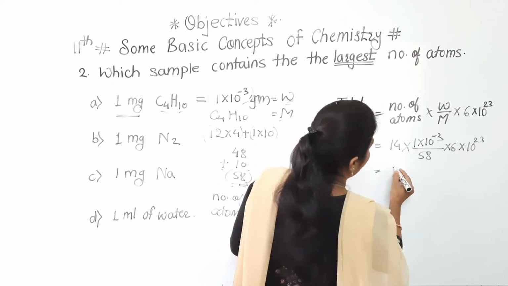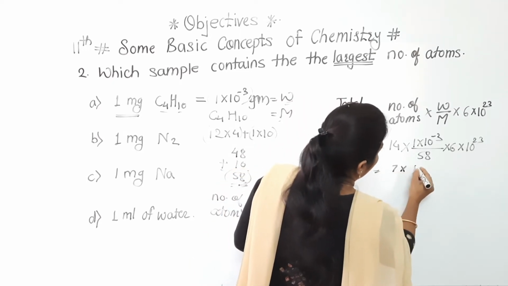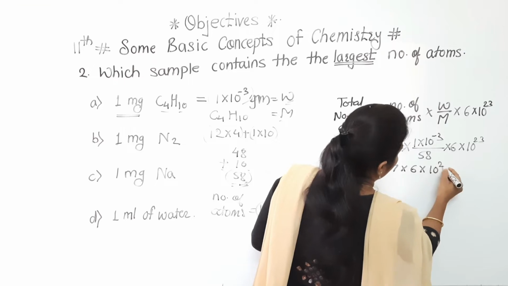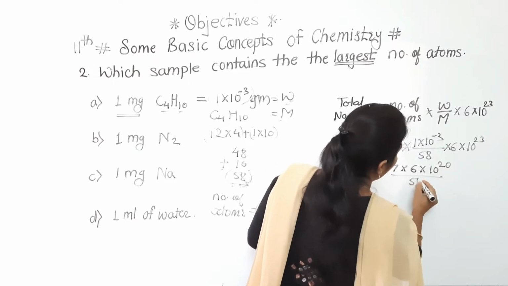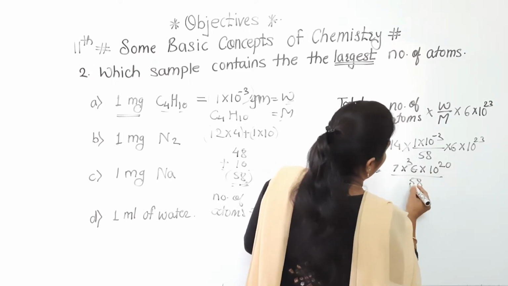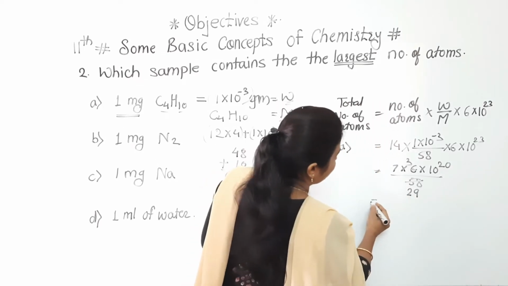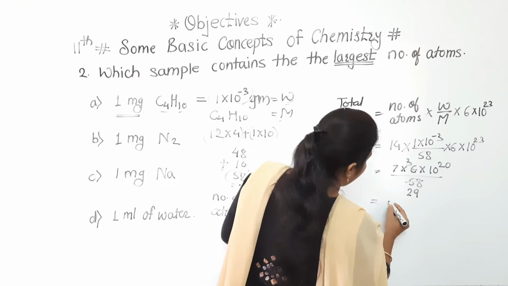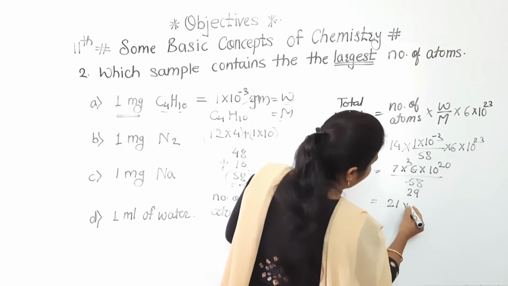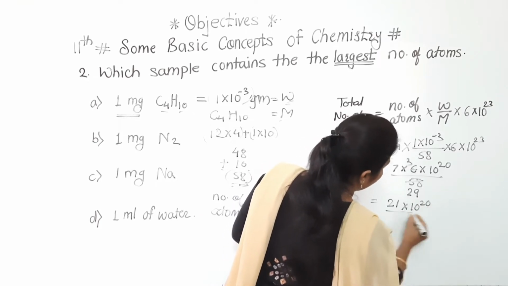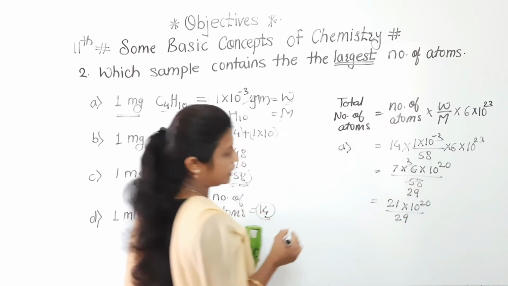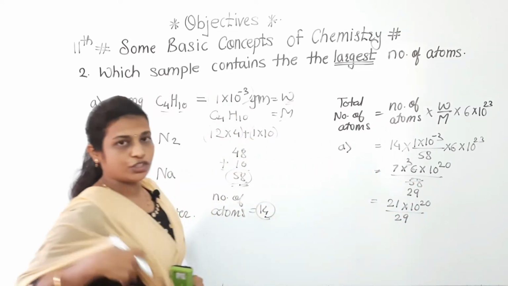After that we are getting 7 into 6 into 10 raised to 20 divided by 58. 2 3s are 6, 2 2s are 4, 2 9s are 18, okay. So here 7 3s are 21 into 10 raised to 20 divided by 29. This is the answer for option A.